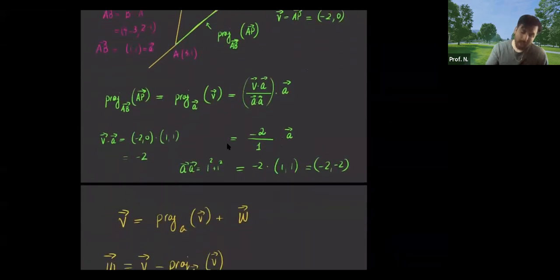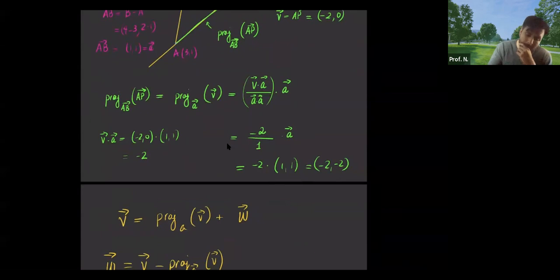Let's see, V dot A. Oh, pardon me. I added this incorrectly. A dot A is 1, 1 dot product 1, 1. And that's 1 times 1 plus 1 times 1, which is 2. Guys, this is 2.